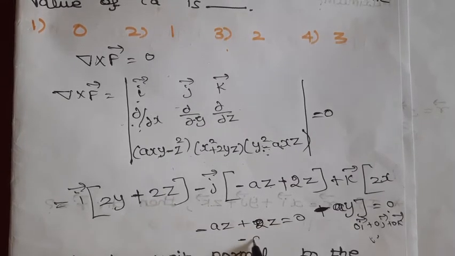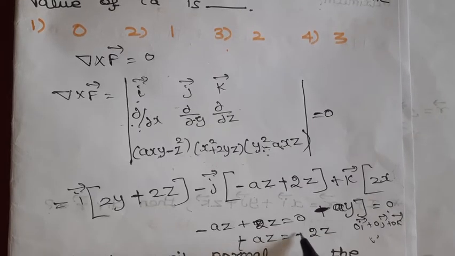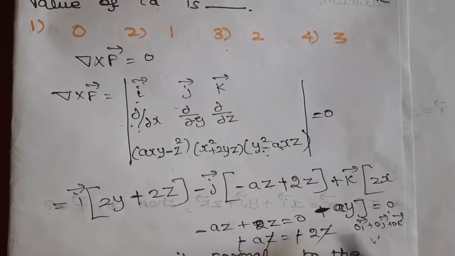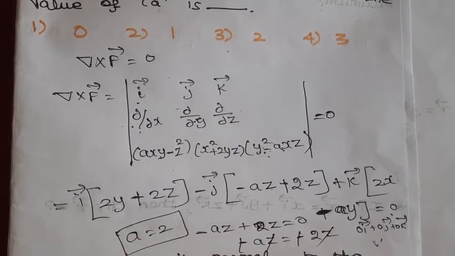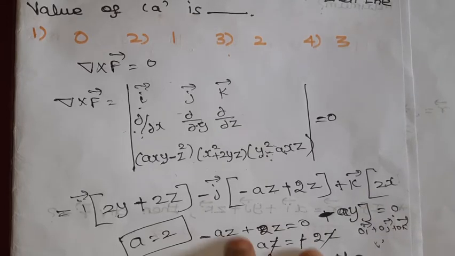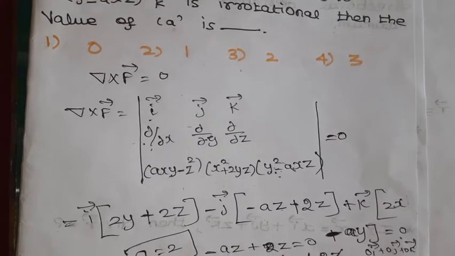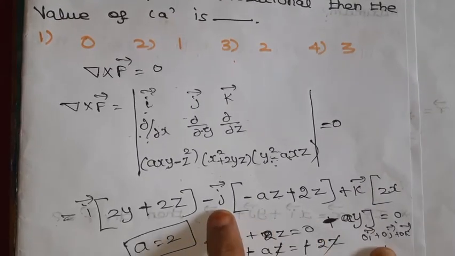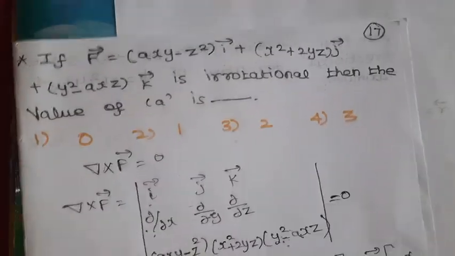What we will get is minus az minus 2z, then the minus gets cancelled. What is a? a is nothing but 2. The value of a equals 2. We can equate the other terms also; the 2x will get cancelled, equating the j term with 0. a equals 2. Option 2 is the right option.